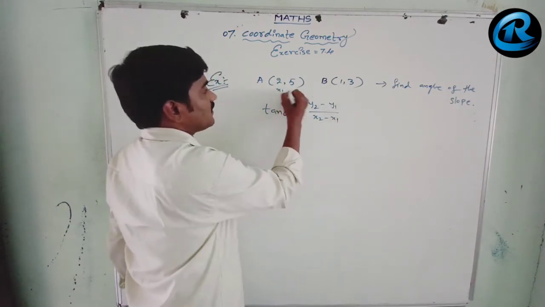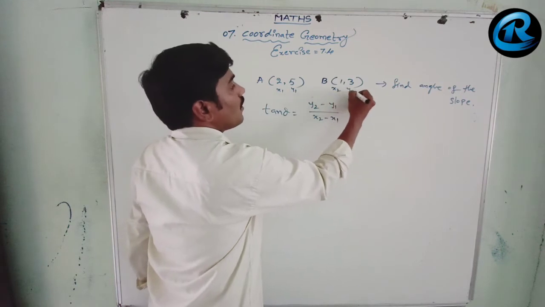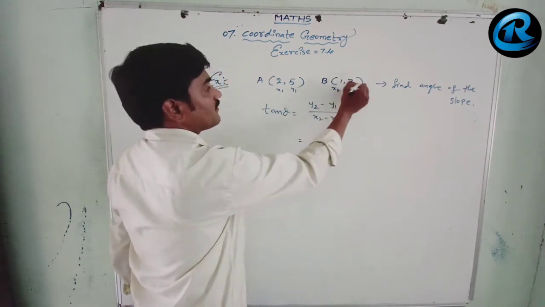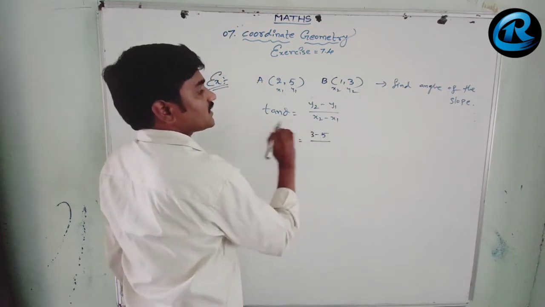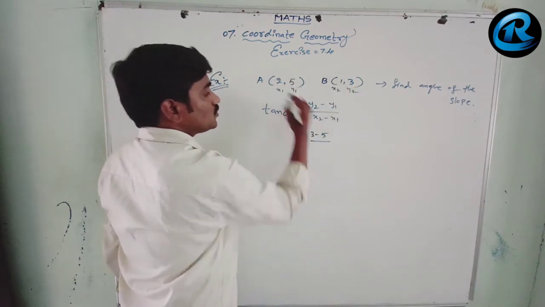Let us find out, this is x1 y1 x2 y2. y2 minus y1 is 3 minus 5, by x2 minus x1, 1 minus 2.